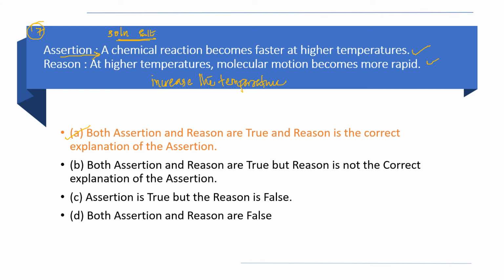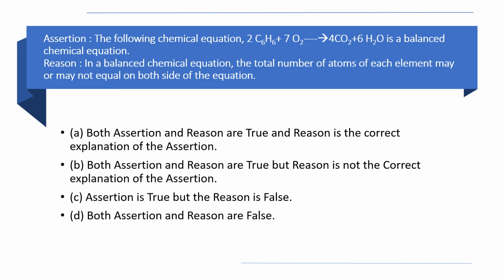While you are heating the salt solution, the dissolution of salt in the water becomes easier. That means at a higher temperature, molecular motion becomes more rapid and the chemical reaction becomes faster. Clear? Hope you all got question number 7, and we are moving to question number 8.